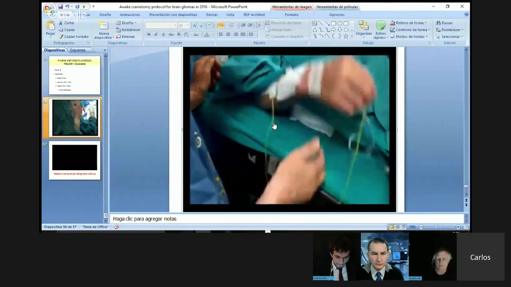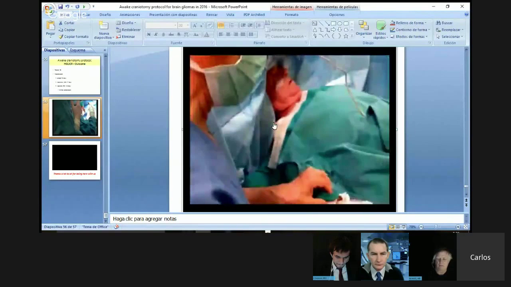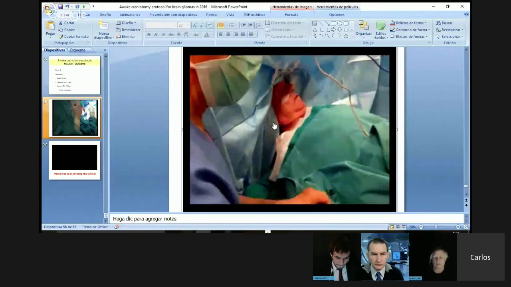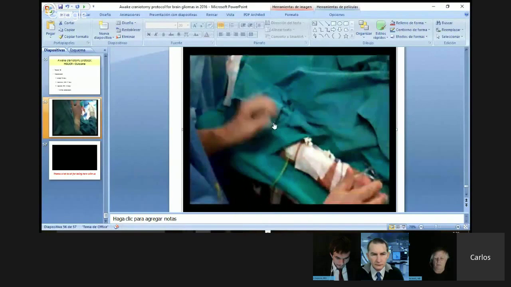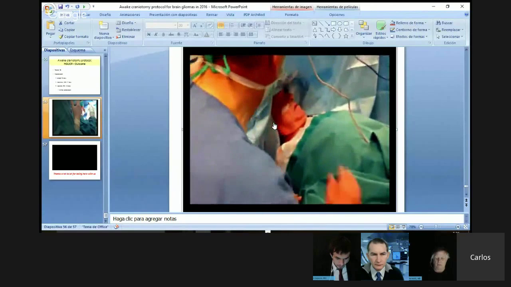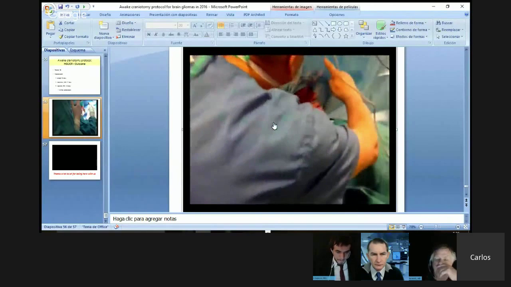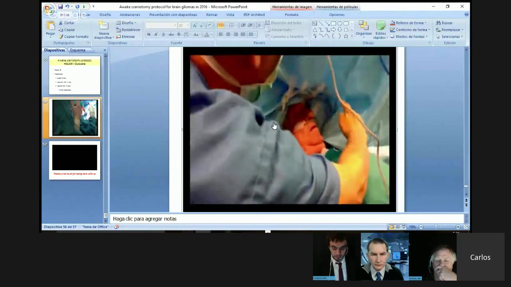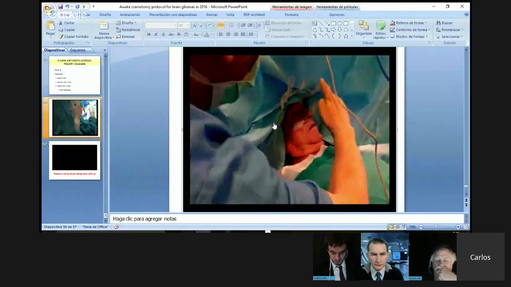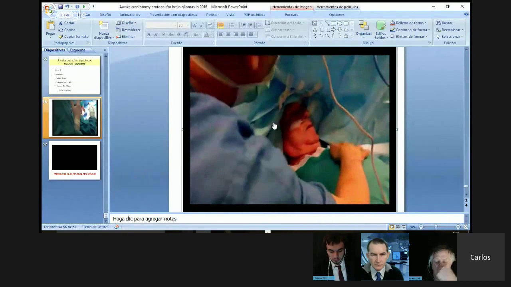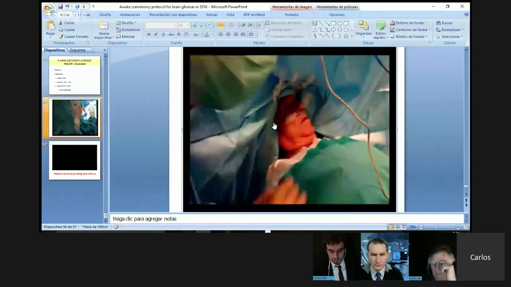The patient is doing the working task that will be asked of him, and he is very weak during the surgery.